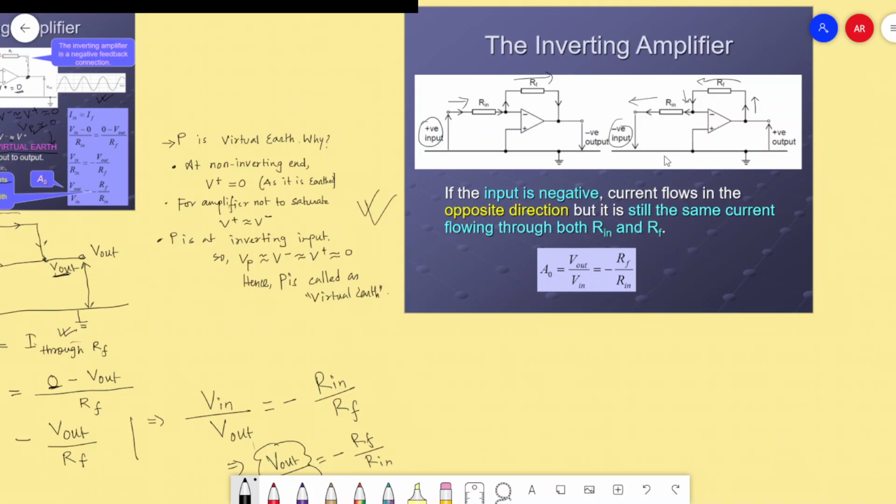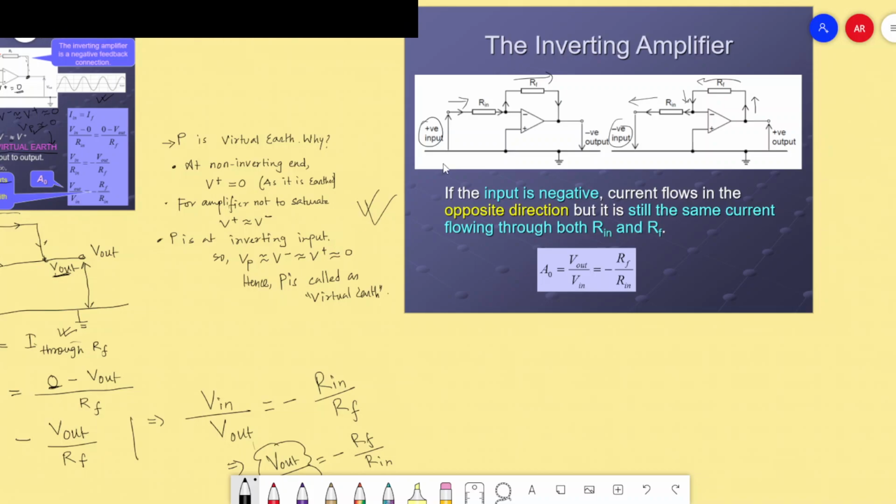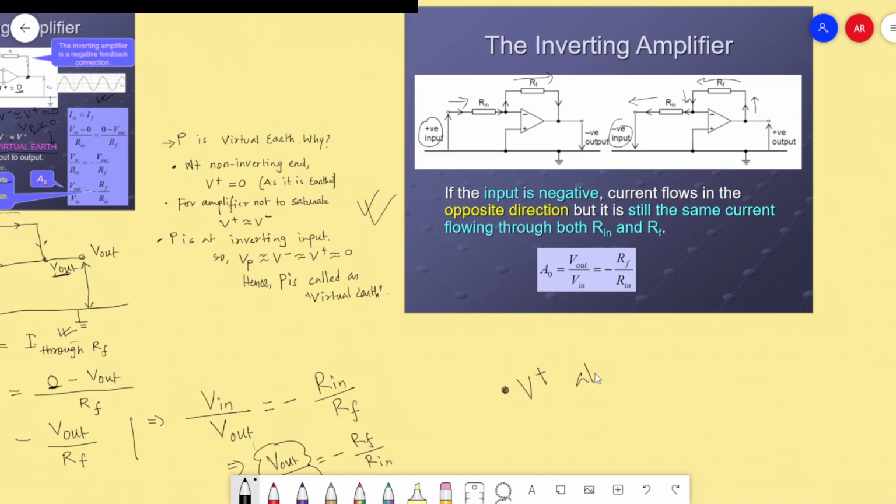But the current through the input resistance and the current through the feedback resistance are going to be the same. This is the inverting amplifier. The thing to be mentioned is that V plus is always earthed and V in is always fed to the V minus end or terminal.